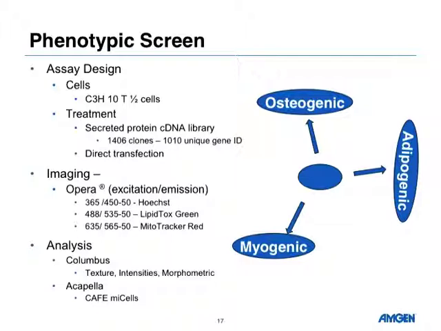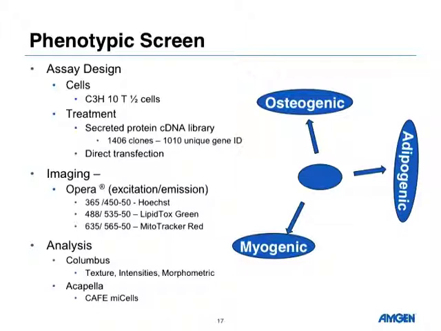So for this particular screen, we are using a cell line called C3H10T1/2, which is a mouse mesenchymal stem cell line. It has the ability, at least reported, to go in a couple of different directions. You could have things that move into more of an osteogenic, adipogenic, or myogenic fate.